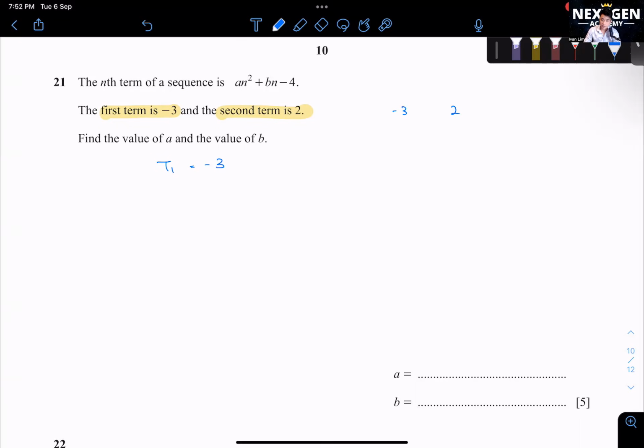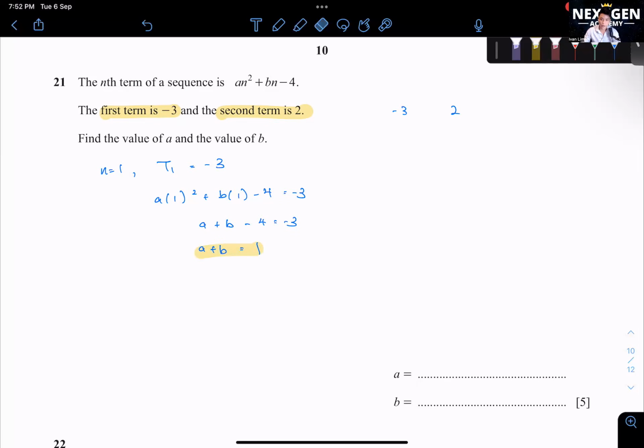So that means when my n is equals to 1, I just need to fit into the formula. So a times 1 square plus b times 1 minus 4 equals to -3. Therefore, I'll get a plus b minus 4 equals to -3, which I'll get a plus b equals to 1. Okay, so this is my first equation that I can get.